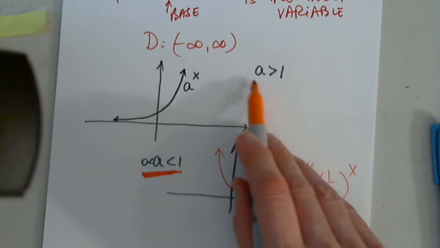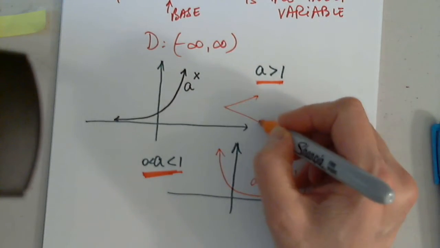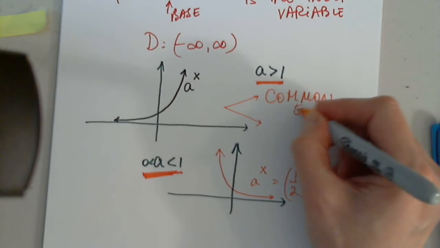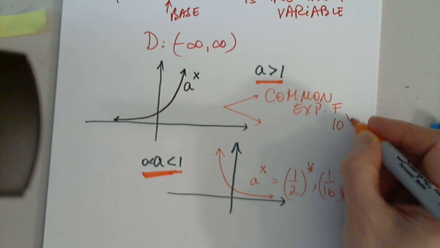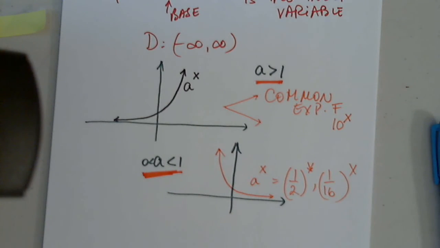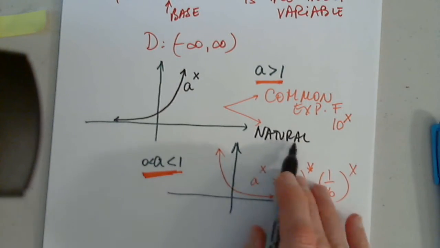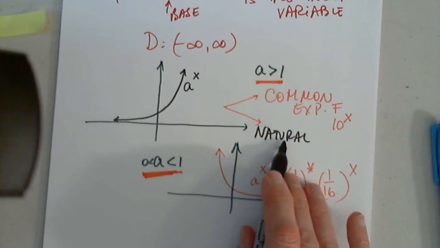With a base greater than 1, we have two functions that are very well known. Common exponential function, which is 10 to the x. And there is one called natural. A lot of natural phenomena follow this.